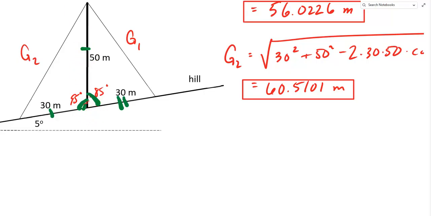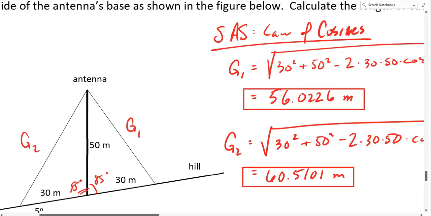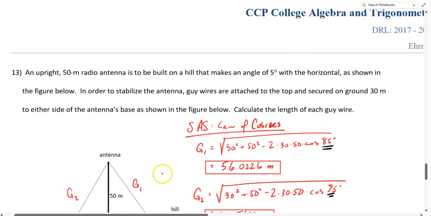And we can have ourselves a law of cosines method to solve for those two triangles. We're looking for length G1 and G2. We call those guy wires to help support the vertical antenna. So G1, G2 set up almost the exact same way. Only modification is the included angle measure between the two side lengths.